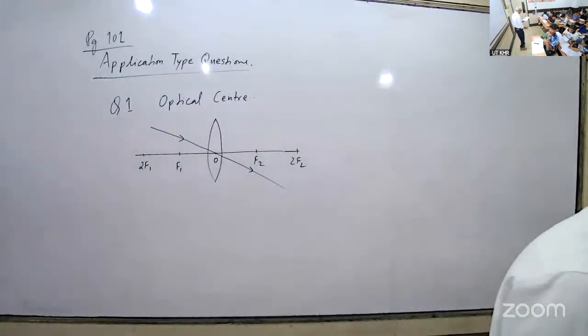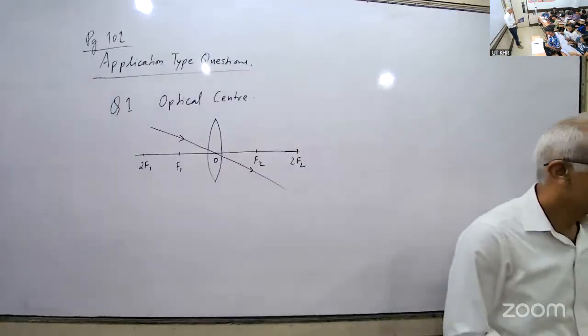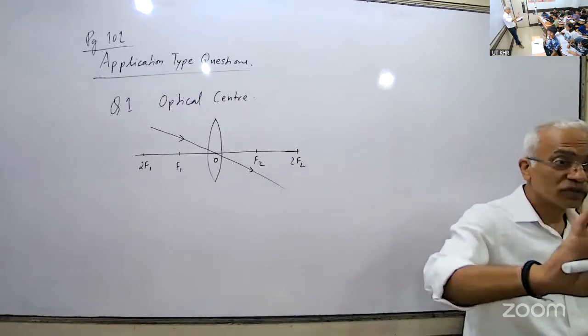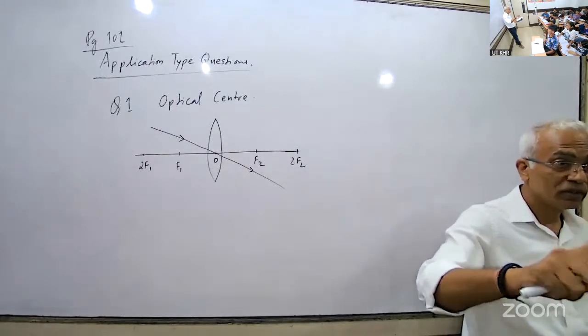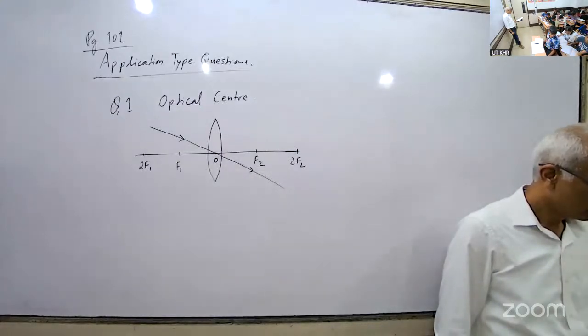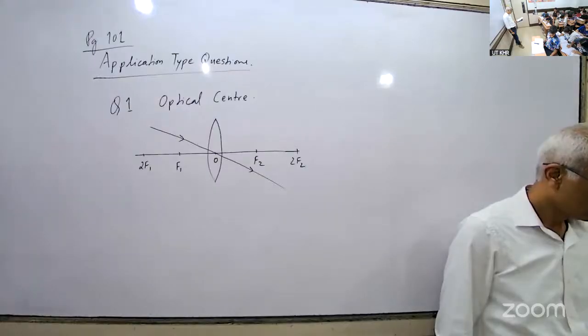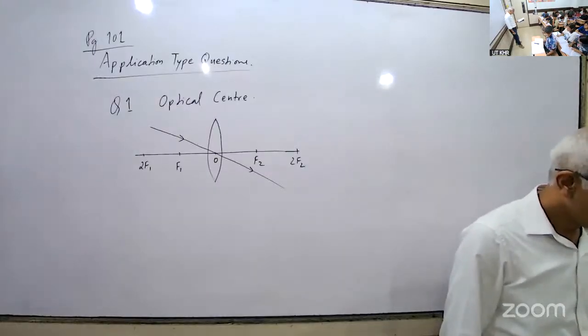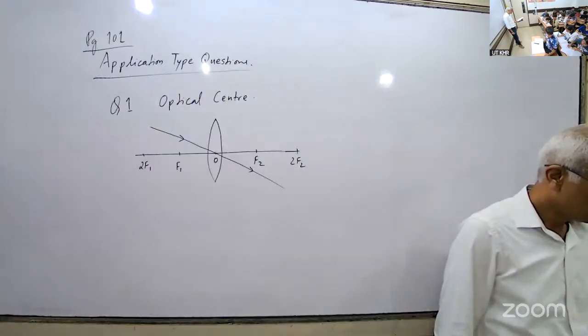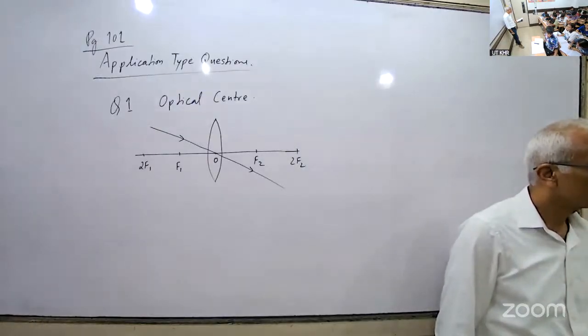Second question. Everybody, the question is for everybody. One person is reading, everybody focused. What is the condition for the lens to have both the focal lengths equal?